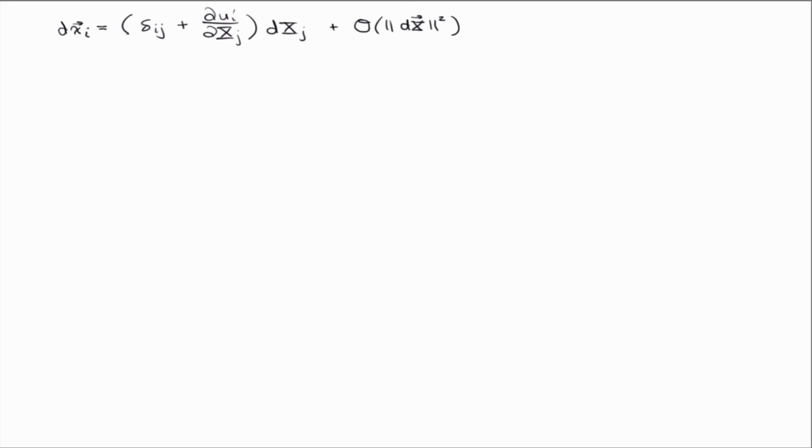All right. So this thing has a name. We call it the deformation gradient. It's a second order tensor, or a matrix in 3D, in Cartesian coordinates.